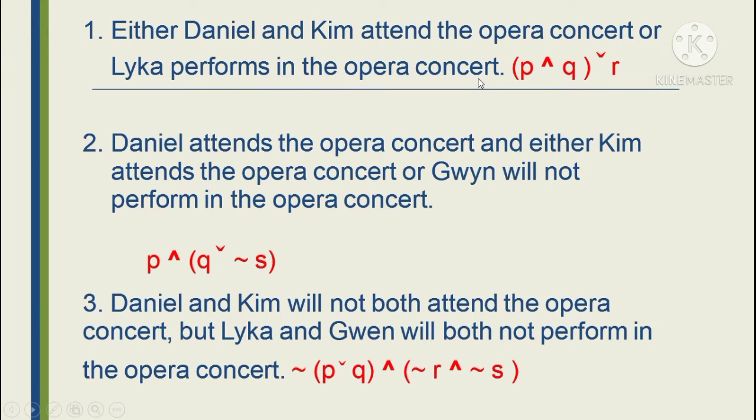So, ang magiging mathematical symbol class niya is P and Q. So, si P, di ba yung P natin is si Daniel. Daniel attends the opera concert. Tapos si Kim, yun yung ating naging Q. So, ito yung ating mathematical symbol. And, di ba, itong and natin is ito yon.